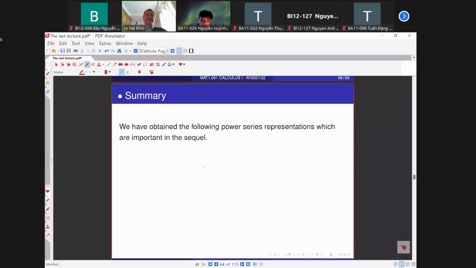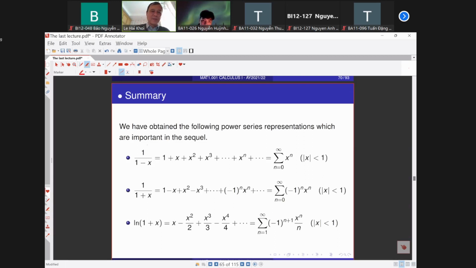we have already studied and obtained the power series representation of some important functions. You should remember first, the geometric series is the power series representation of the function 1 over 1 minus x for x between -1 and 1.